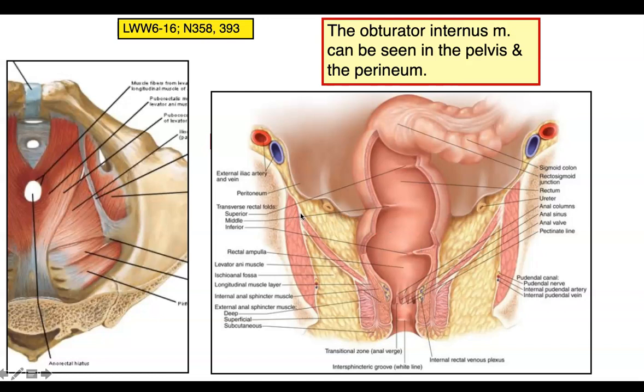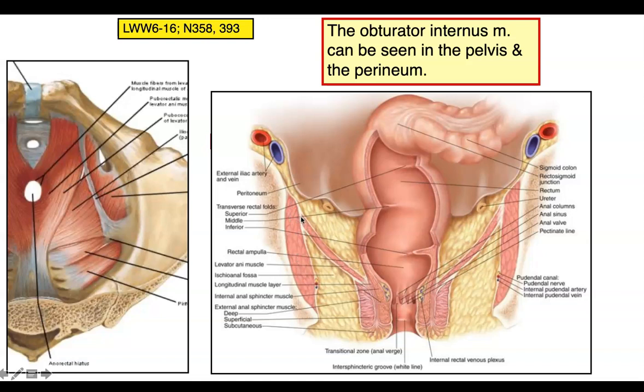So you can see here, as I already mentioned, the pelvic diaphragm, the levator ani muscle, arises from the tendinous arc of the levator ani. It joins with each other in the midline by a median raphe. So we removed the posterior wall of the pelvis, and you can see from the posterior side, this is the rectum and anal canal, and on the lateral wall of the pelvic cavity, this is the obturator internus muscle.